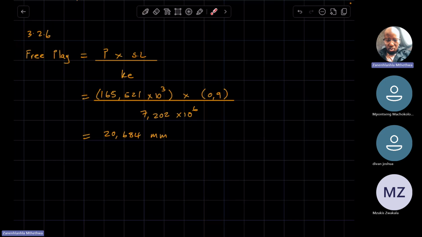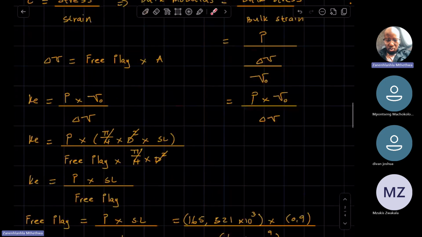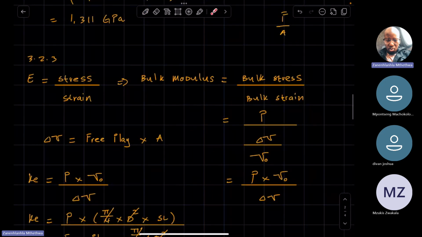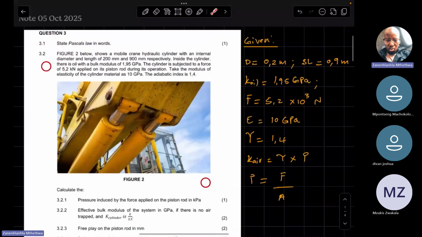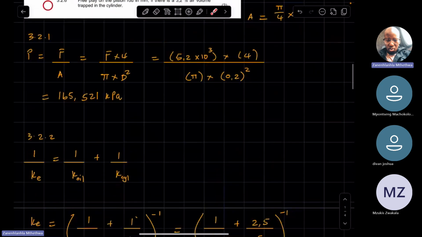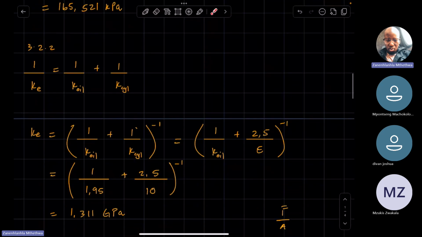Right. So as far as simple hydraulic systems, this is probably the one part you weren't really familiar with, the bulk modulus, because we don't cover the bulk modulus in N4. We only cover Young's modulus of elasticity.